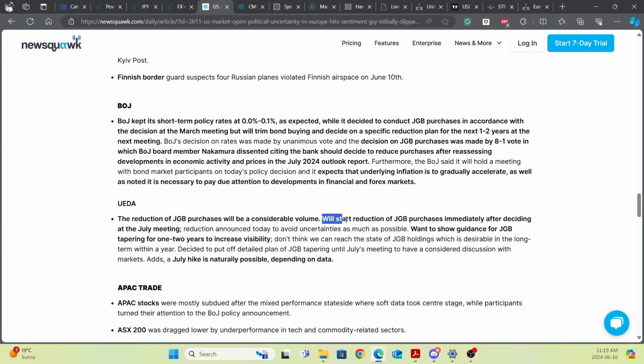He said we'll start reducing JGB purchases immediately after deciding at the July meeting. And he also said he wants to show guidance for JGB tapering for 1 to 2 years to increase visibility. And here comes the hawkish part: a July hike is naturally possible, depending on data.